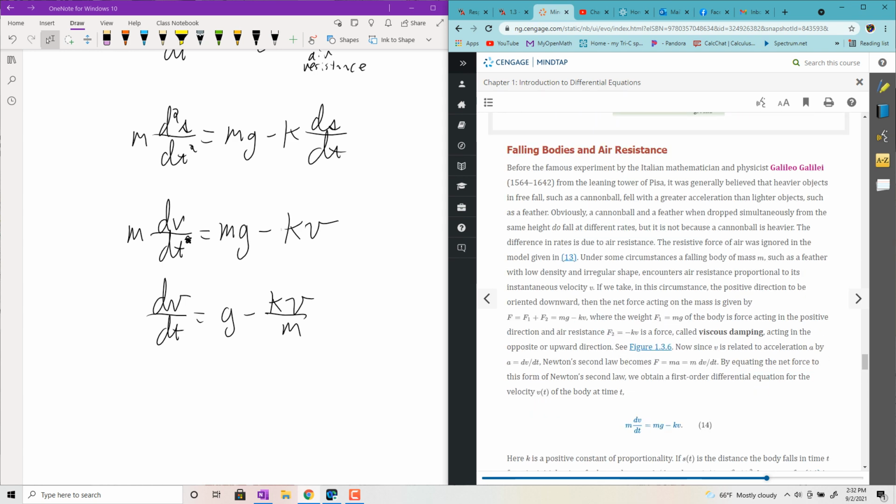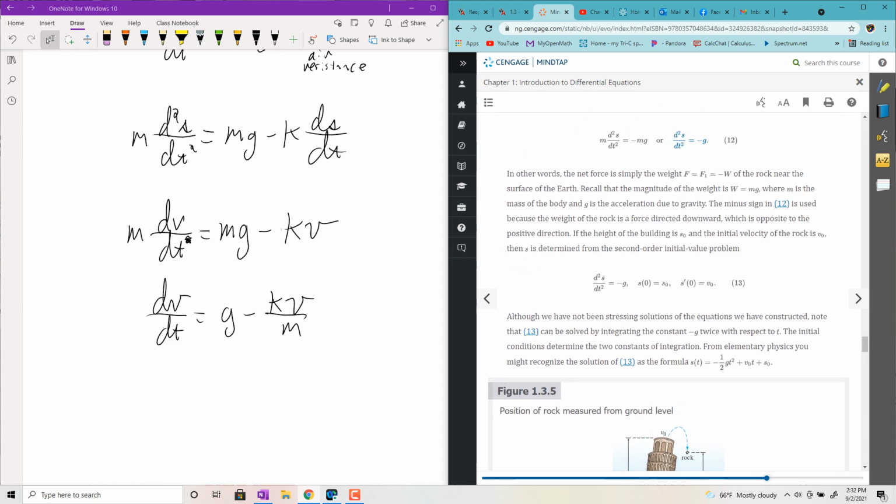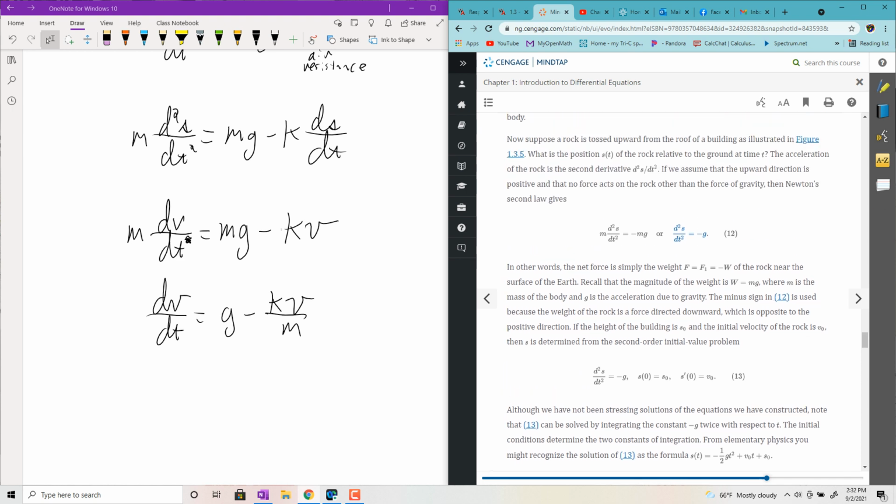Yeah, it's just proportional to the velocity. Okay, I think maybe that will do it. Acceleration, the upward direction is positive.